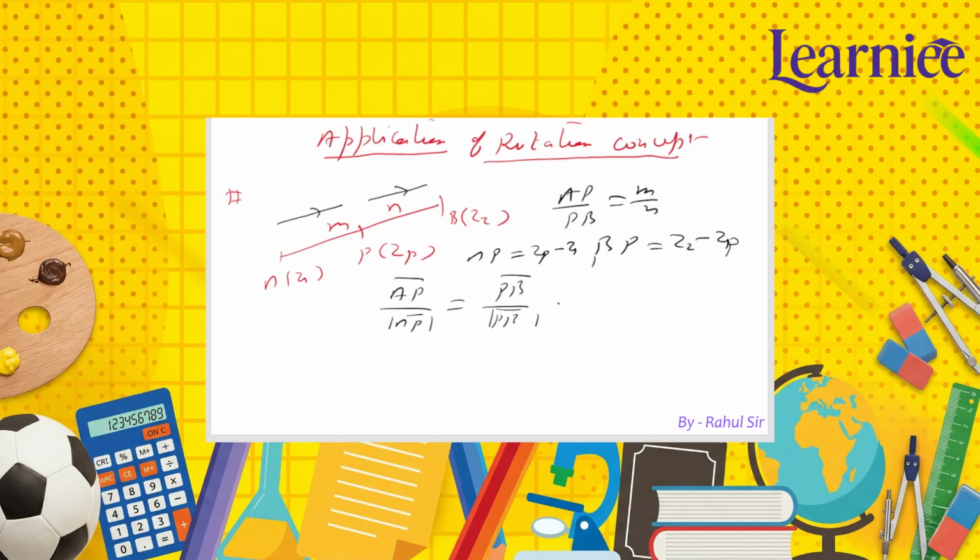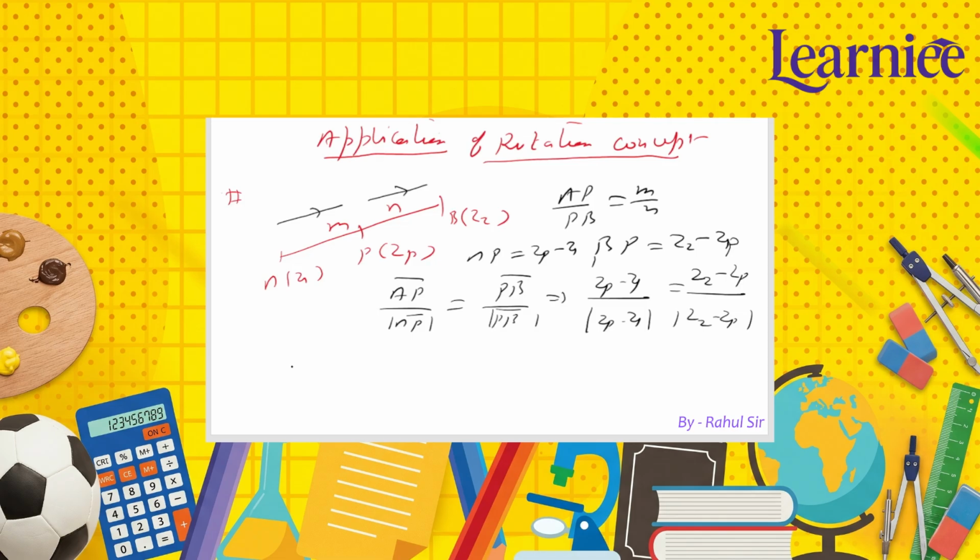So using this, I can say that zp minus z1 upon magnitude of zp minus z1 is equal to z2 minus zp divided by magnitude of z2 minus zp.